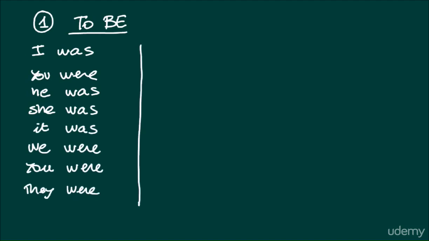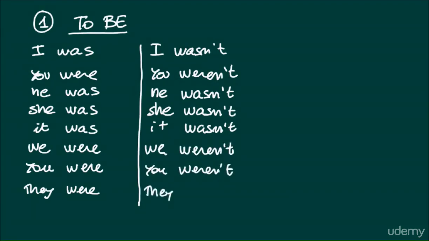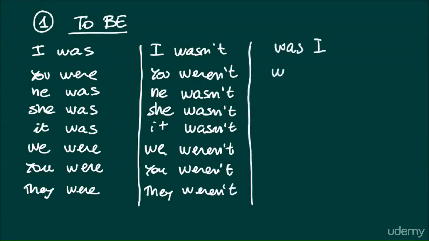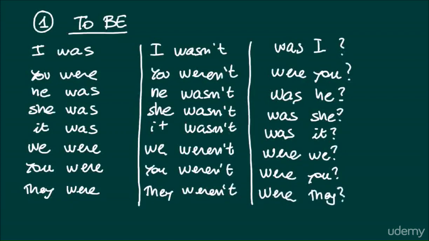And in negative, I wasn't, you weren't, he wasn't, she wasn't, it wasn't, they weren't, we weren't. And in questions, was I, were you, was he, was she, was it, were they, were we?